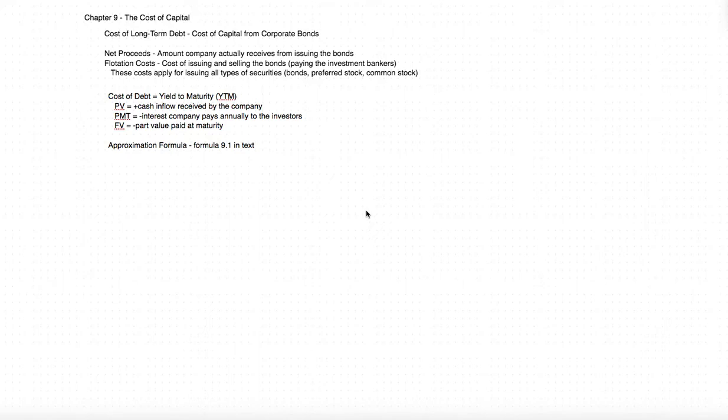We'll have a payment, which is the interest paid annually or semi-annually, whatever the term is, that's paid by the company to the investor that bought the bond. And we'll also have a future value, which is the value paid at maturity, the par value paid at maturity. And finally, we will compute for the yield to maturity, or I, in the calculator.